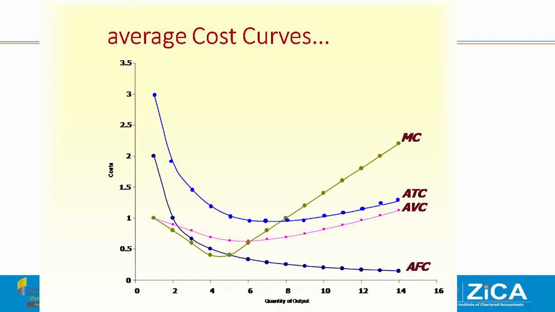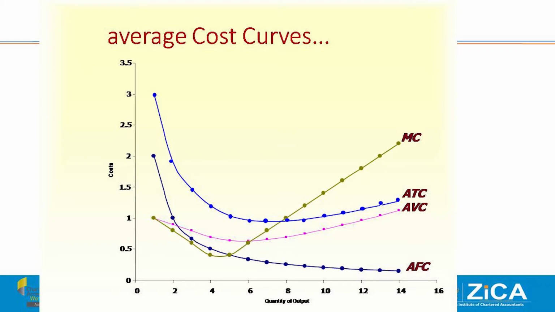And this is as it is supposed to be because of the law of diminishing marginal returns. While the average fixed cost will continuously fall as more and more units are produced.